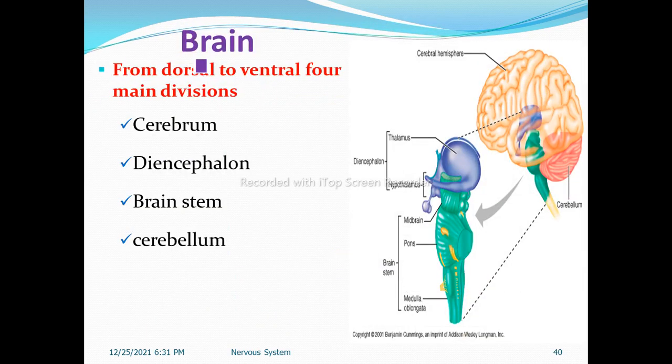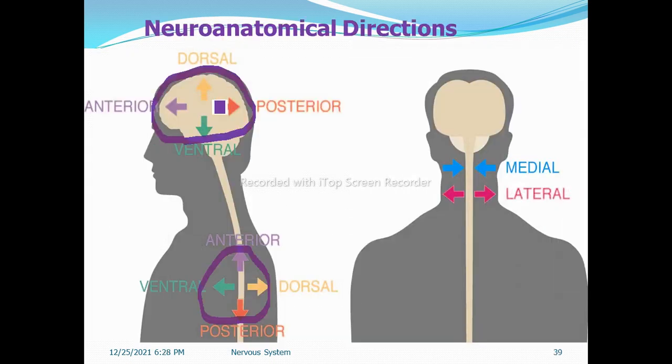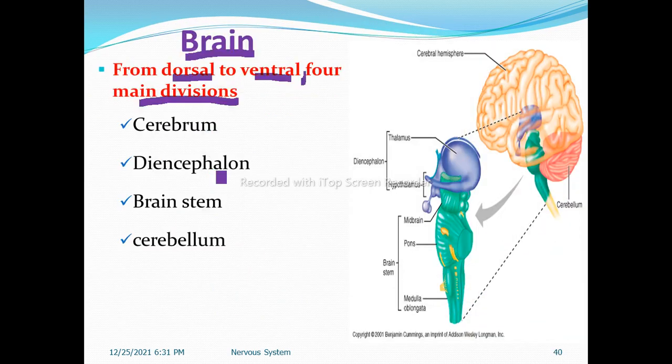Okay, now we are starting the brain. From dorsal to ventral, from upper to inferior, there are four main divisions: cerebrum, diencephalon, brainstem, and cerebellum.